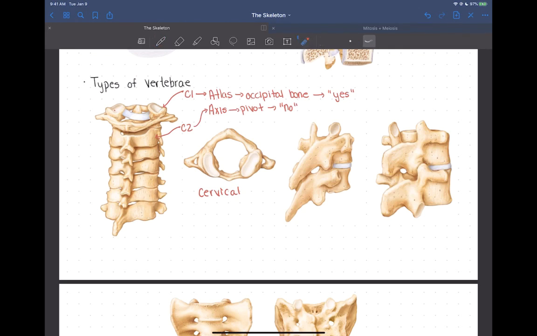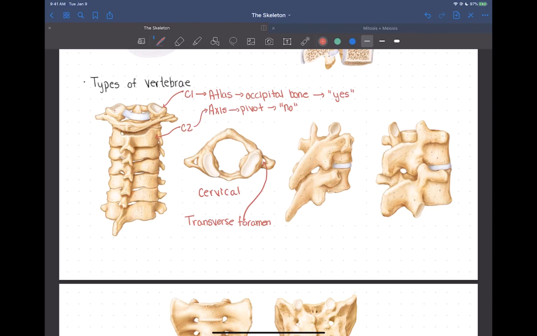So they have that vertebral foramen, all right, here, and then they also have these holes off to the side called transverse foramina. All right, so these are transverse foramen. That is a transverse foramina, or they are transverse foramina, all right?